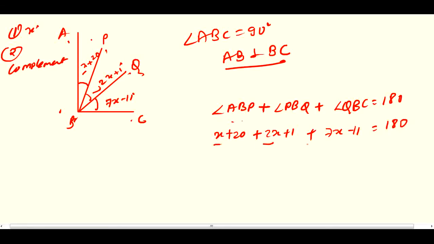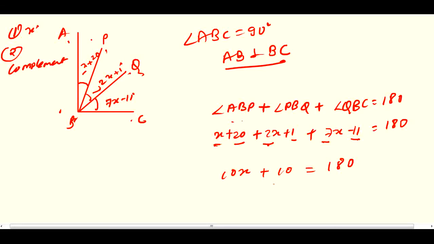Now x plus 2x is 3x, 3x plus 7x will be 10x. Then 20 plus 1 is 21, and subtract 11 from it, so you will get 10x plus 10 equals 180.